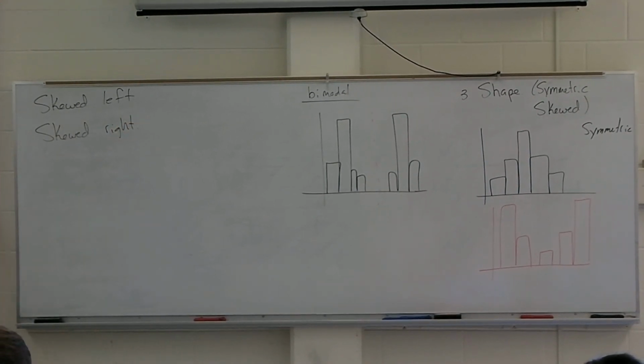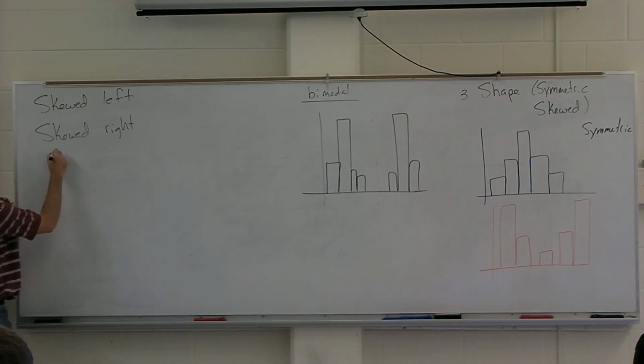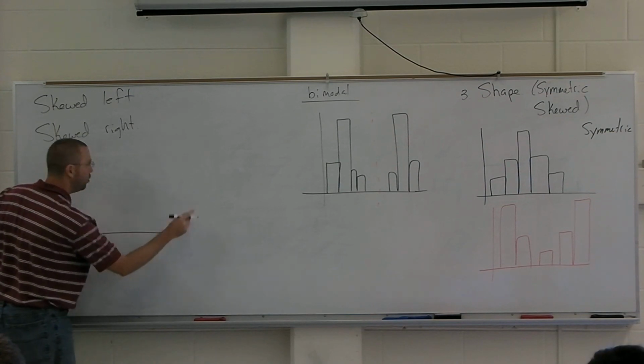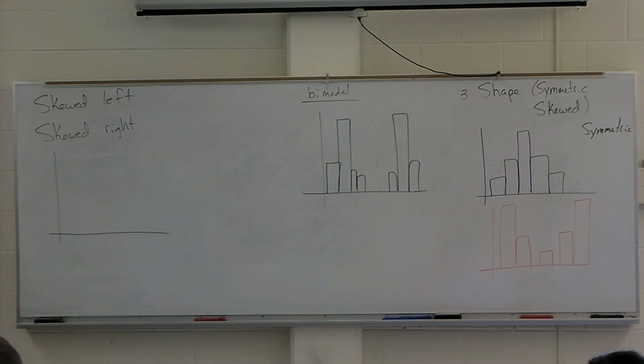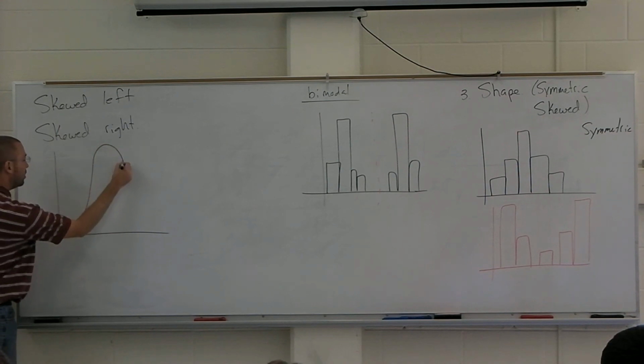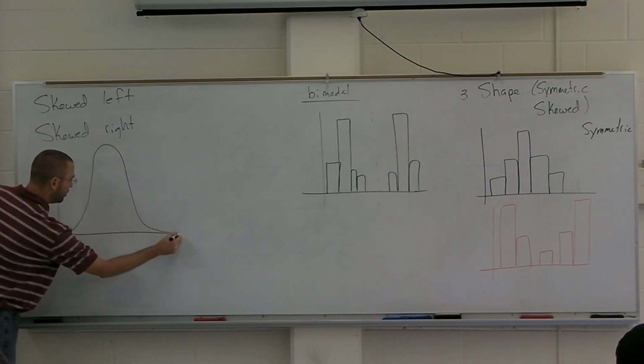If I look at the overall shape, and I'm going to move away from these histograms for a moment and just draw graphs like you would see in an algebra class, we'll start with this one.